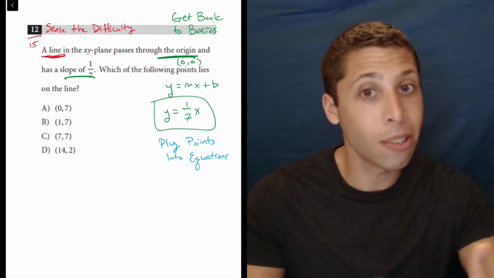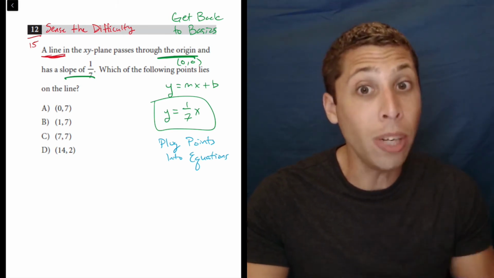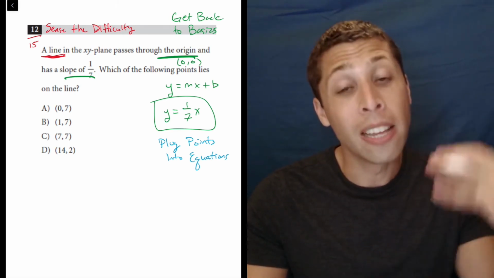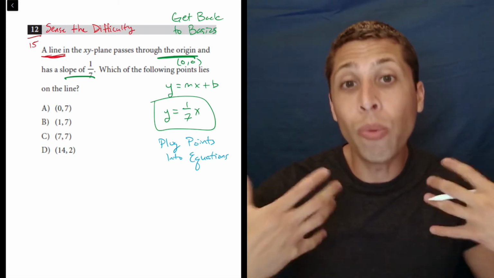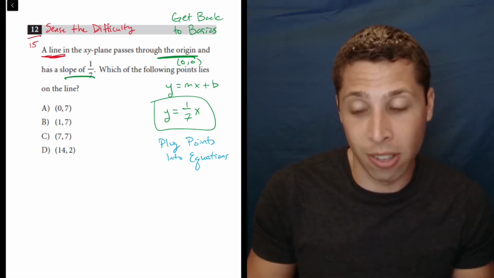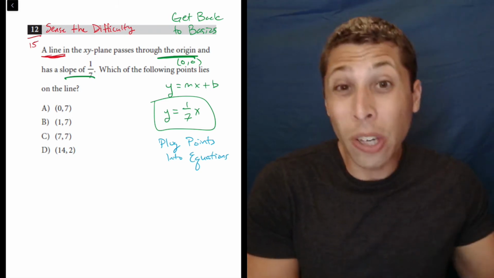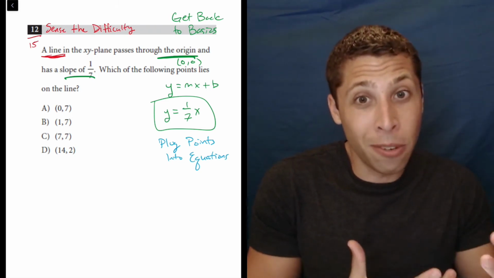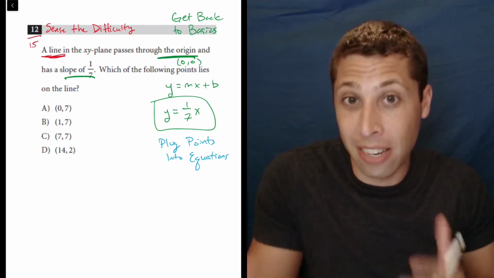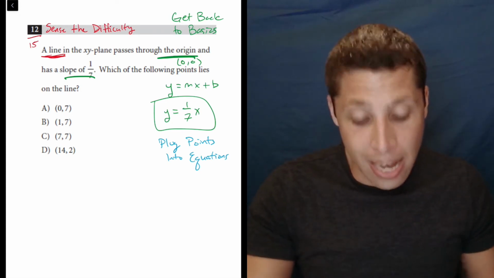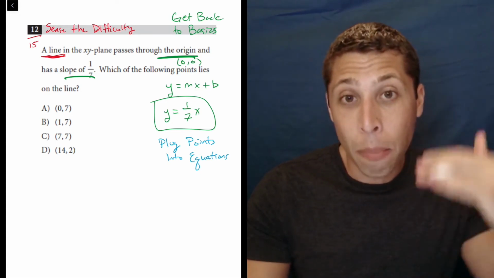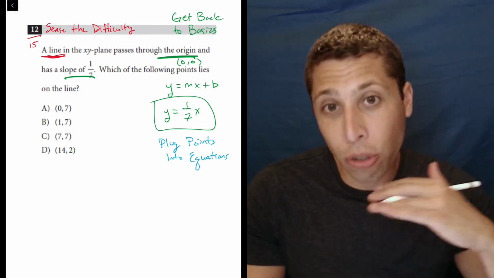So knowing that this strategy exists, I might be like, well, it'd be really awesome if I had an equation to plug them into. And there you go. That's a good way to reason through SAT questions, is to be like, what do I have? What do I wish I had? A lot of times you can wish something into existence. And here we just followed the instructions in the question and we got the equation. Now we can plug them in. And this is me proving my answer, rather than just trusting my instincts.